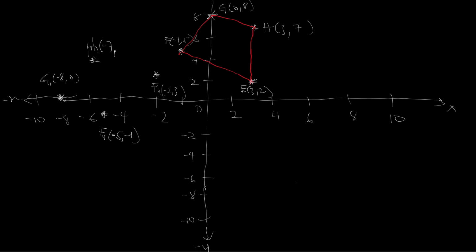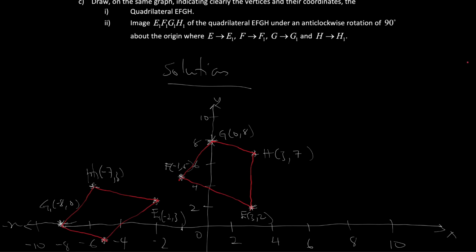So connecting our coordinates, we have this, this, this, and this. Okay. So that brings us to the end of question 12. So we move on to the last question for this year, question 13.